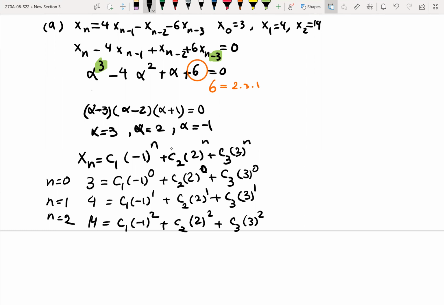So this makes C1 plus C2 plus C3 equals 3. That makes negative C1 plus 2C2 plus 3C3 equals 4. The last one is C1 plus 4C2 plus 9C3 equals 14.